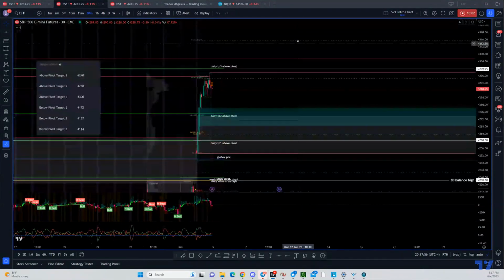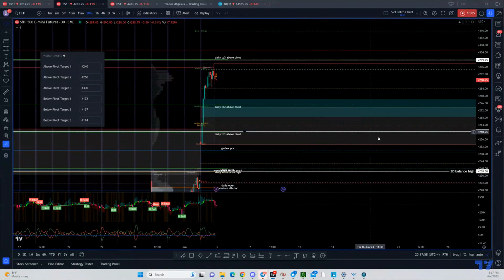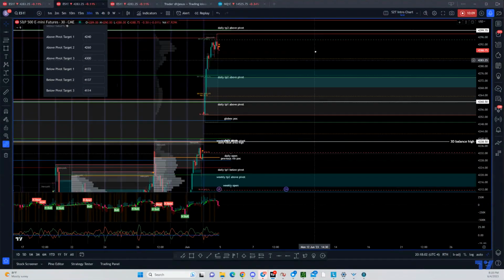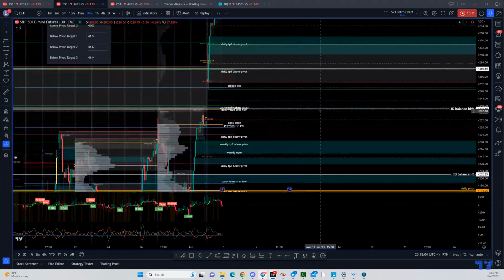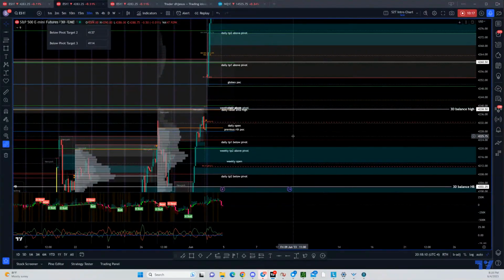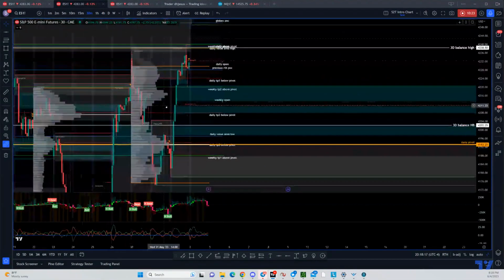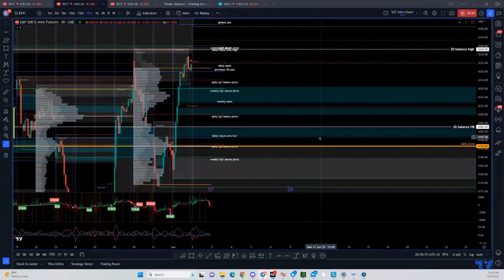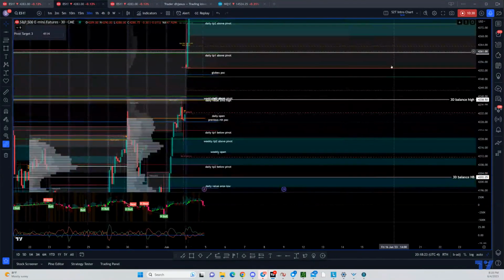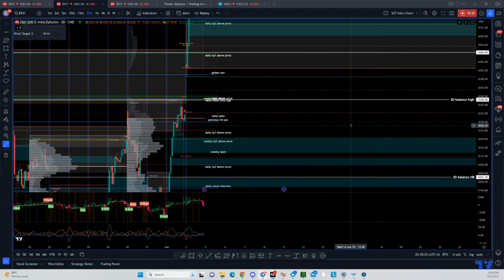On the downside, it's going to be a lot easier to identify because from 60, the next target below is going to be 40, which is a gap fill or prior 4-day balance high. We have some value gaps over here, and some single prints, quite a lot. So from 60, it will be 40.